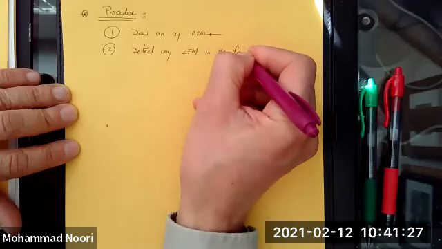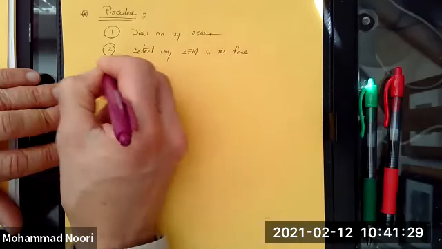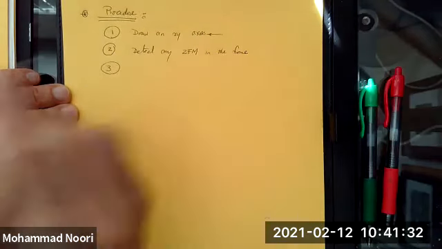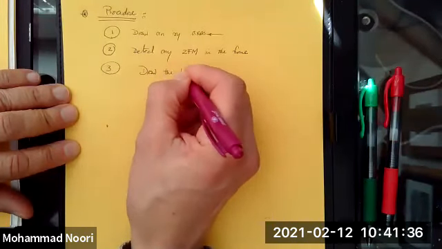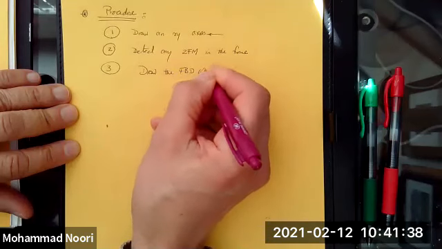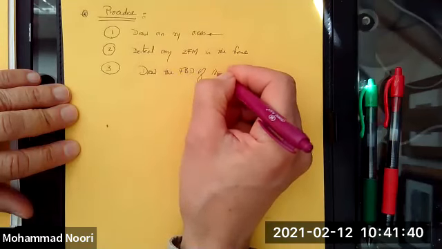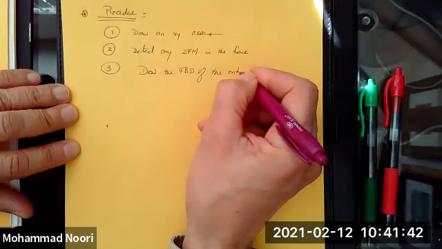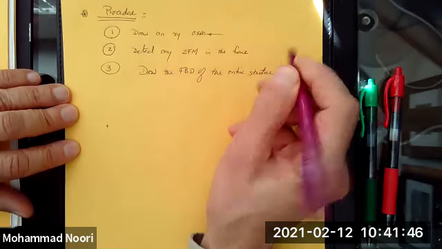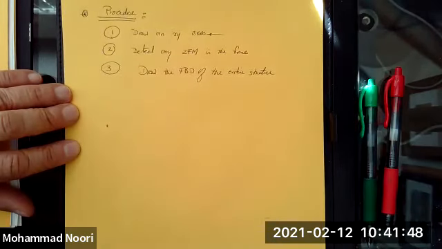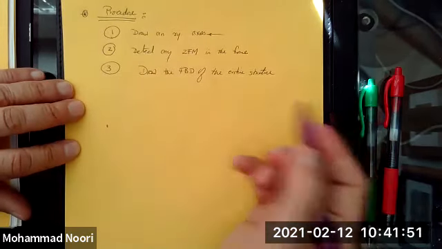Number three, once you've done that, you draw the free body diagram of the entire structure as if you don't know anything about frame analysis. Just follow what you were doing before.